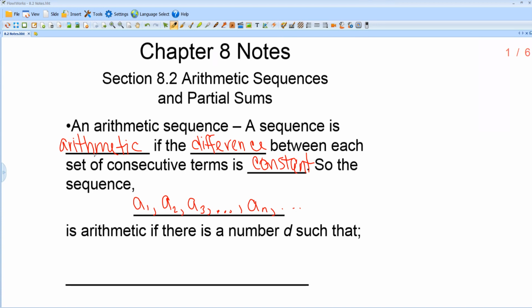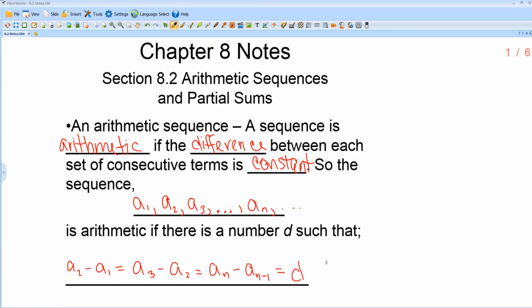In that sequence, it is considered arithmetic if a sub 2 minus a sub 1, the difference between these two terms, is equal to a sub 3 minus a sub 2, is equal to a sub n minus a sub n minus 1, the difference between this term and the term that would come before it, is equal to d.